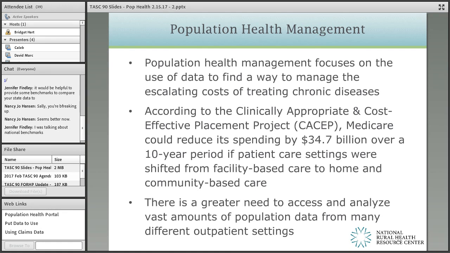And they also had an estimate that an additional $100 billion could be saved if care delivery were restructured to be less wasteful and more effective.